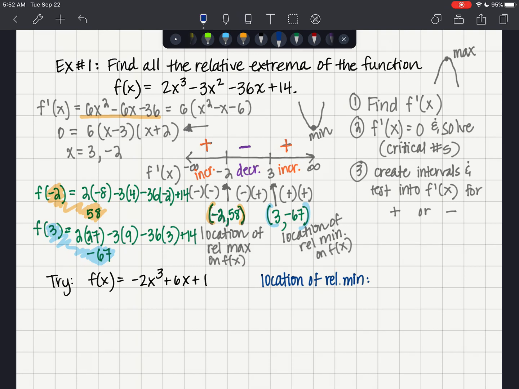The location of my relative min occurs at (3, negative 67), and the min value equals negative 67. The location of the relative max occurs at negative 2, 58, and that max value is equal to 58.